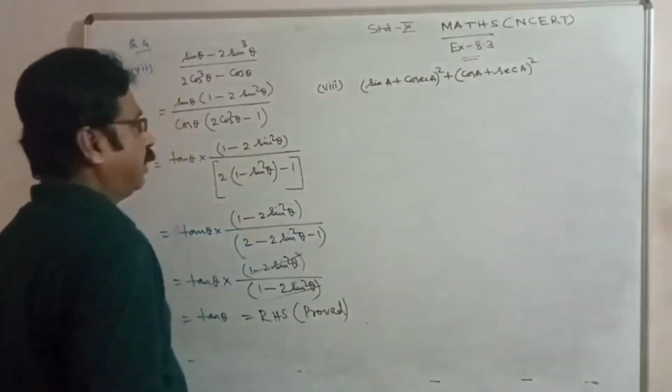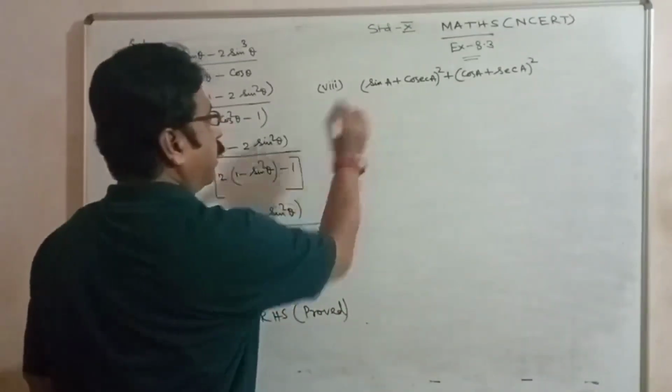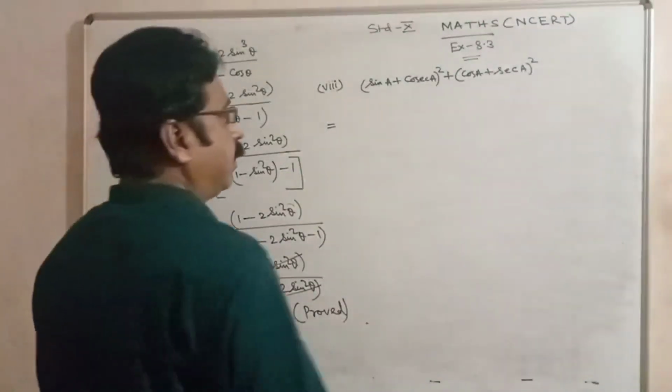A plus B whole square means A square plus 2AB plus B square.